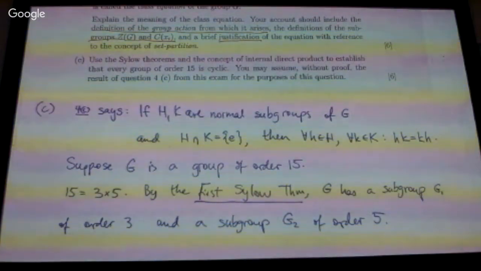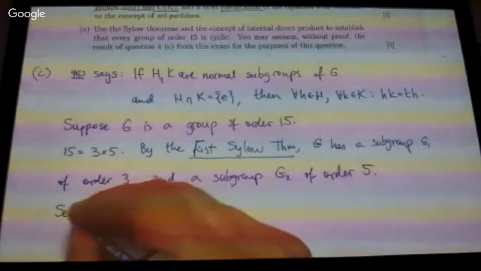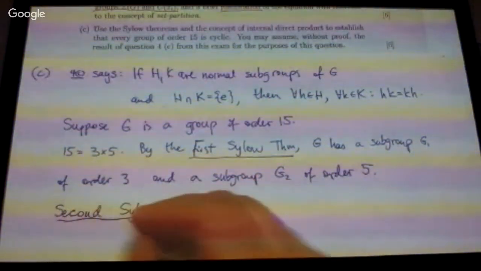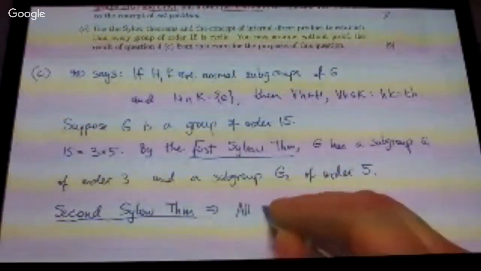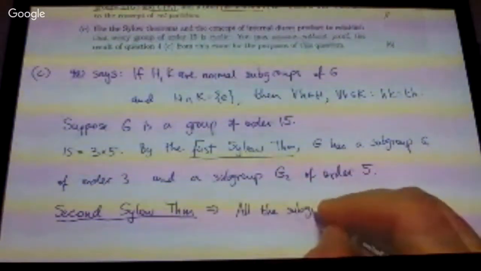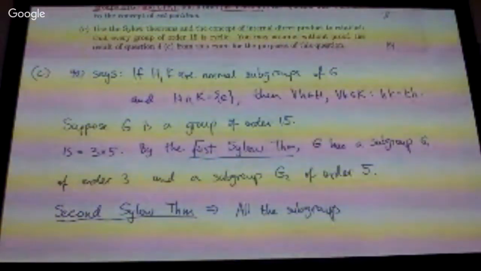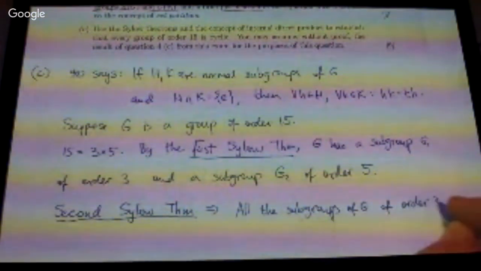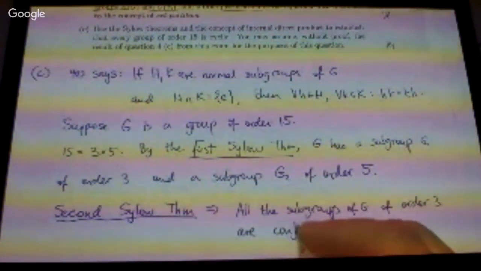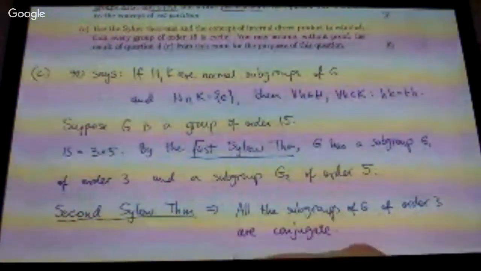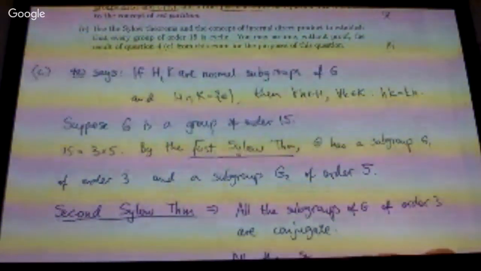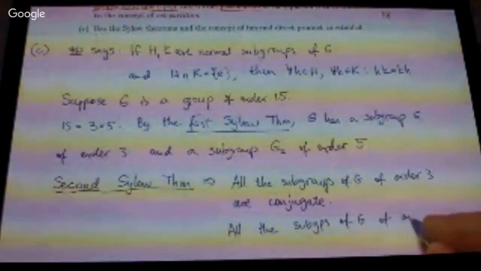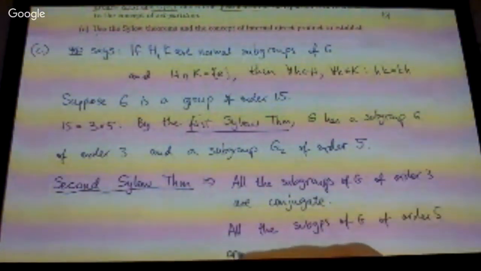So the second Sylow theorem implies that all the subgroups of G of order 3 are conjugate, and also that all the subgroups of G of order 5 are conjugate.